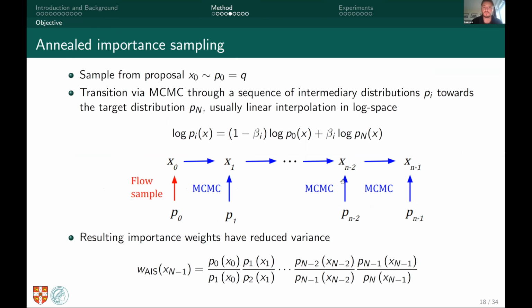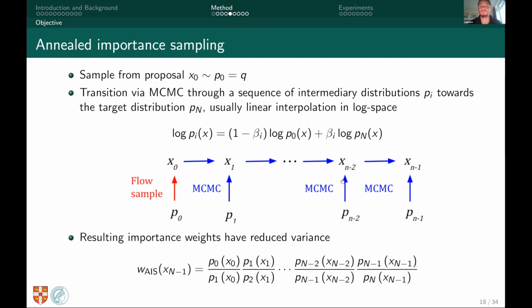The way annealed importance sampling works is it begins by sampling from some proposal distribution. In this case, that's our flow Q. Then it transitions via Markov chain Monte Carlo through a sequence of intermediate distributions towards some target distribution P_n.